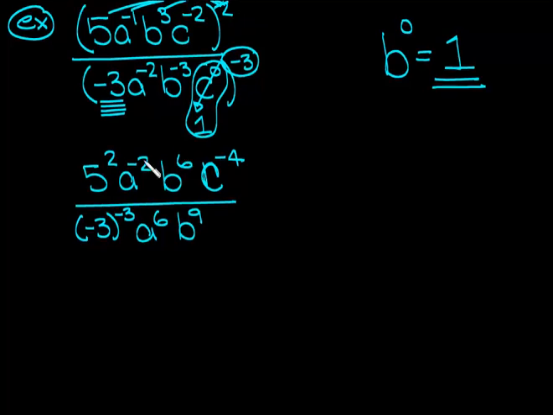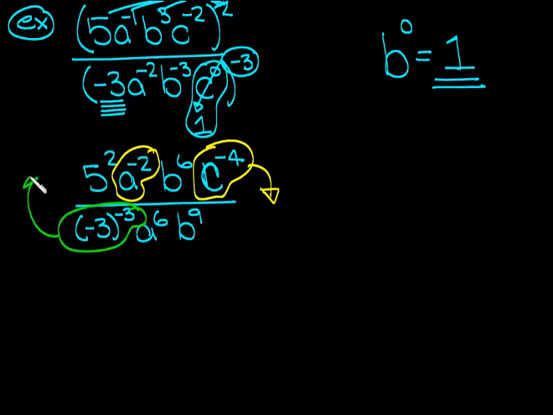I have a couple things on the top that have negative exponents, this one and this one, so they both need to go to the bottom. And on the bottom I only have one quantity with a negative exponent, this one, that needs to go to the top. So let's just rewrite it for a second. I have 5 squared b to the 6th, that stays on the top, and this comes to the top here.